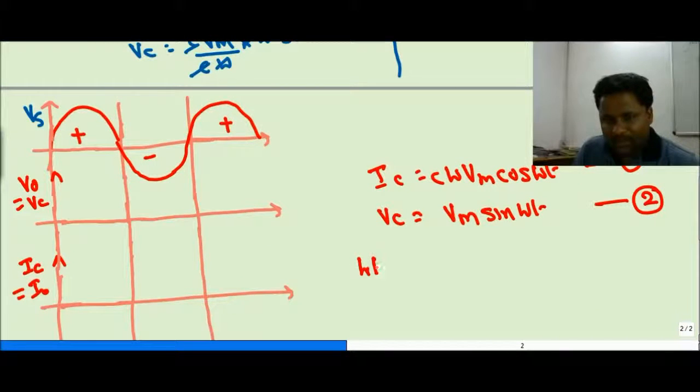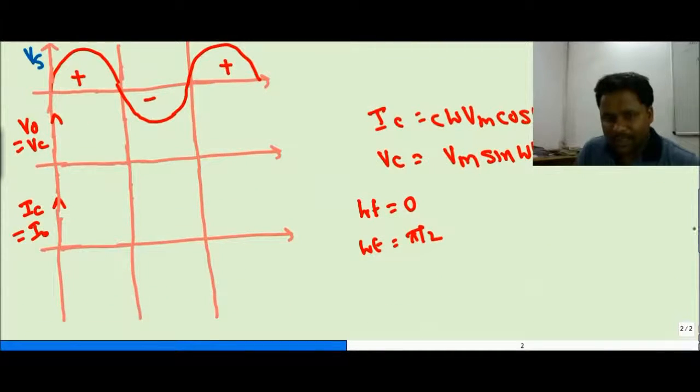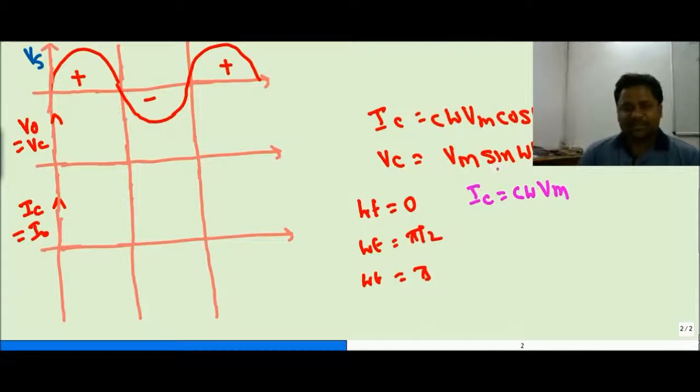If omega t is 0, if omega t is pi by 2, and we are taking omega t equals to pi, then we can say that the IC is basically maximum value C omega Vm at omega t equals to 0. If we are putting this value of omega t in this expression, then we can calculate IC equals to C omega Vm.